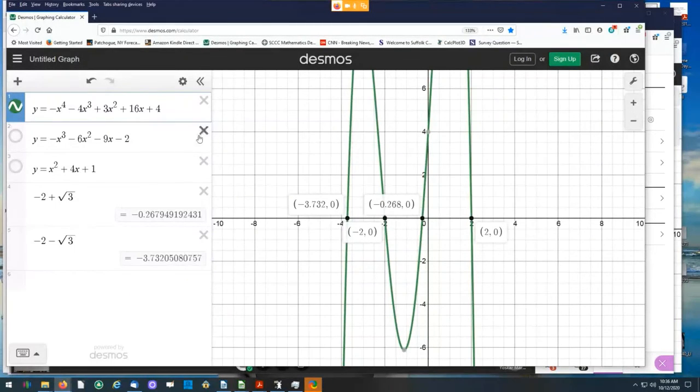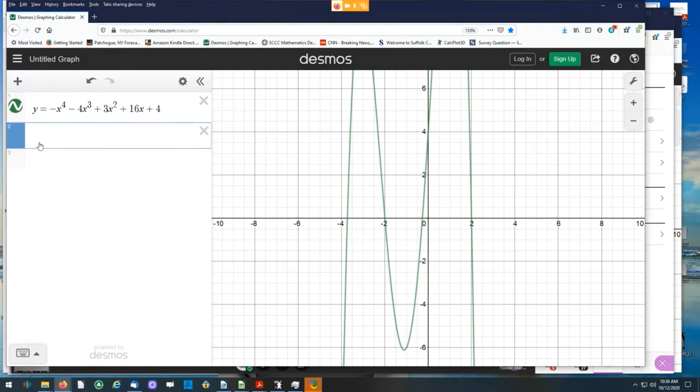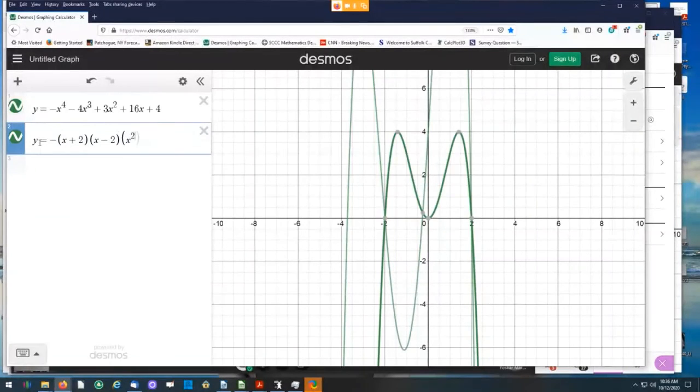So let me get rid of this, this, this, and this, and now plug in my factored form. So y equals the negative of x plus 2, x minus 2, and then my irreducible quadratic, x squared plus 4x plus 1.